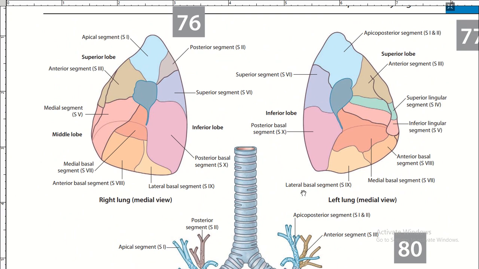So, like we say that our lung is divided into, the right lung has 3 lobes, the left lung has 2 lobes, remember. And these lobes are further divided into what we call bronchopulmonary segments. And the bronchopulmonary segments are functional, anatomical, surgical units of the lung.